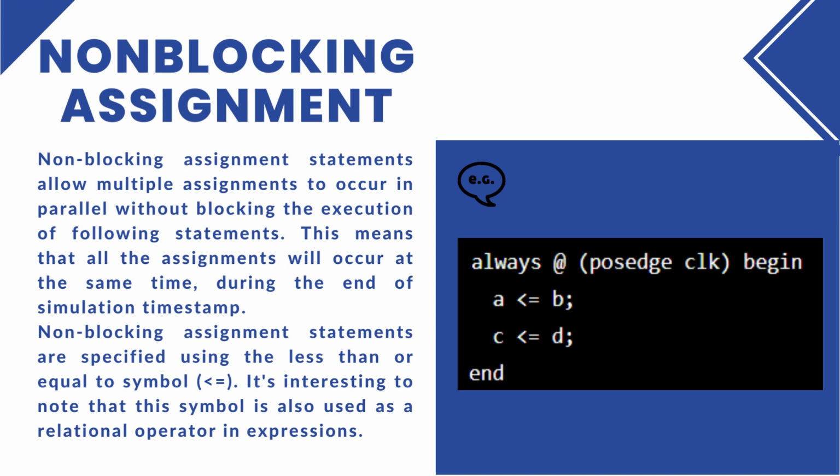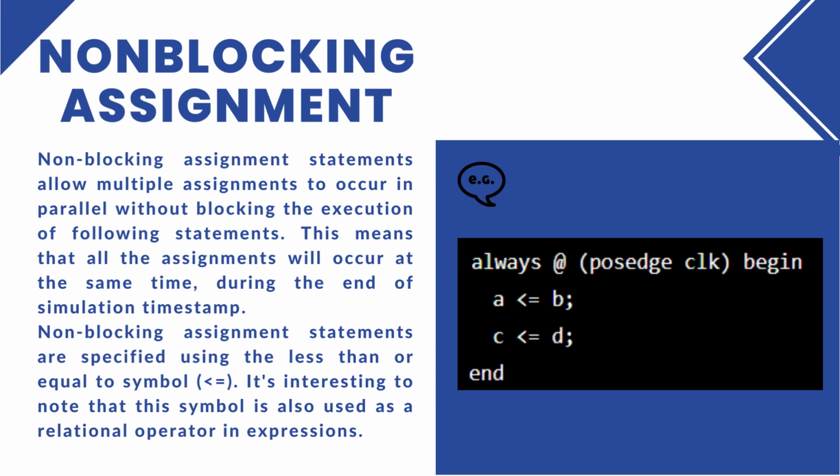Once all the statements in the always block have been executed, the non-blocking assignments in the queue are executed in parallel. This means that the assignments to A and C happen at the same time without blocking the execution of following statements. It's important to note that the order of the assignments inside the always block does not matter.